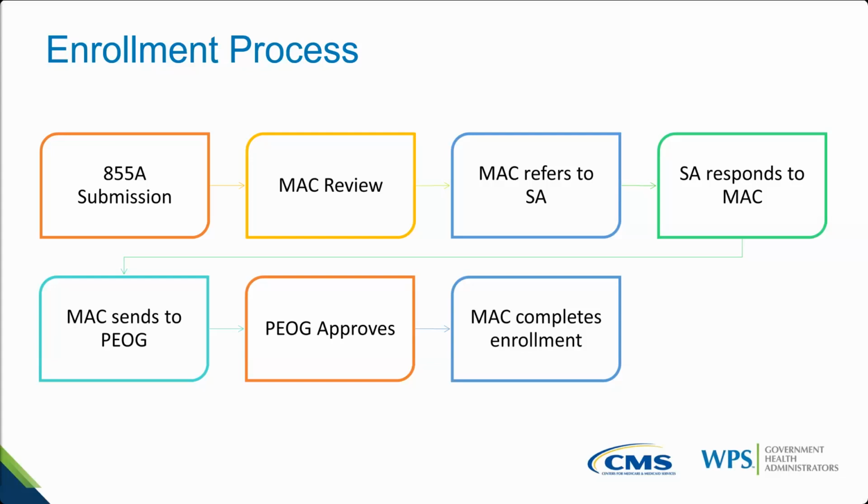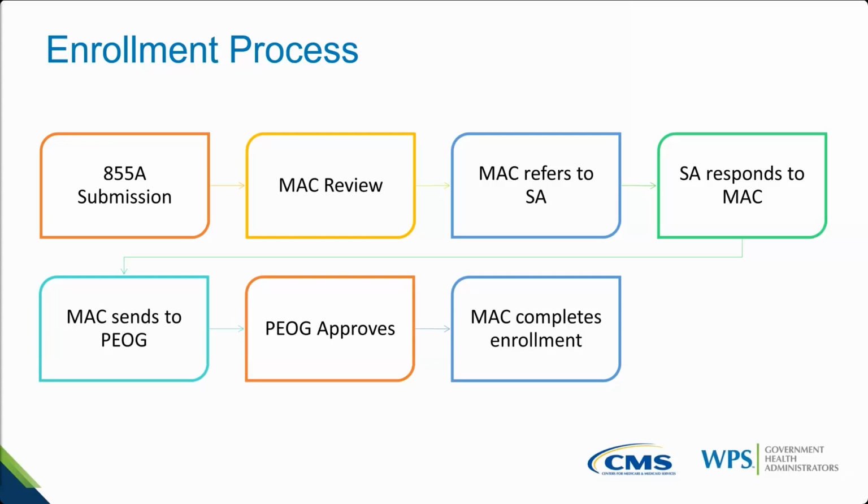So the first part of it is that the provider needs to complete that CMS 855 application. And we'll talk about that more in a few minutes. But that 855A is submitted to the MAC. From there, the MAC is going to review that for completeness. They're going to review that for accuracy. They're going to check all of the names that appear on the application against various watch lists and websites.